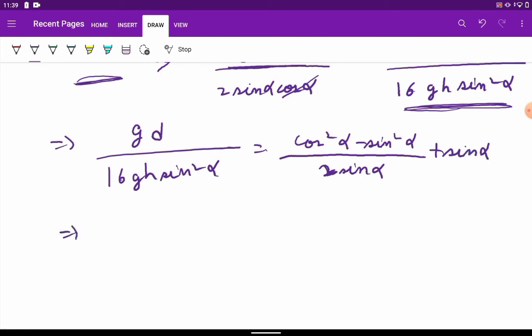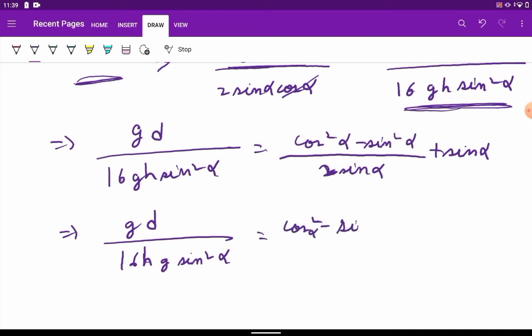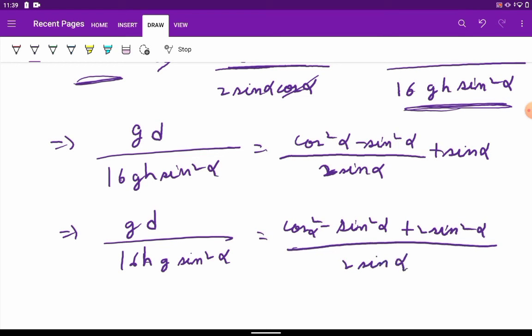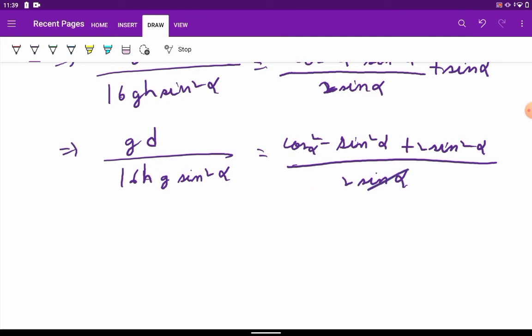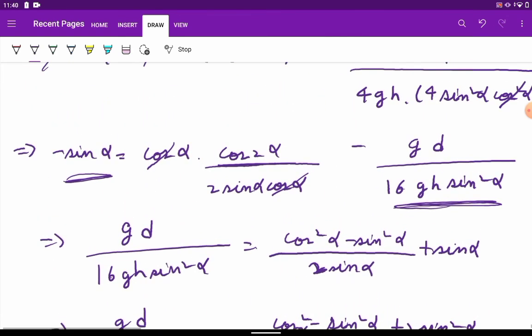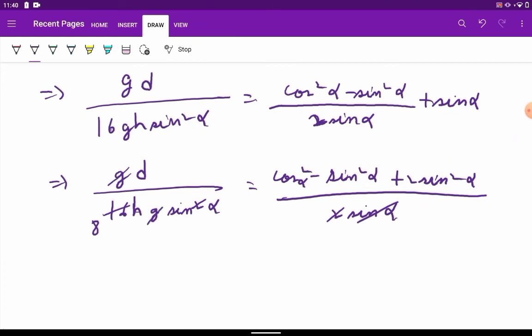So now sine square alpha is equal to cos square alpha minus sine square alpha plus 2 sine square alpha, by 2 sine alpha, right? If you see, this becomes cos square alpha plus sine square alpha, which becomes 1. Sine alpha cancels out, 2 8. One thing I didn't observe earlier is g and g also cancel out.